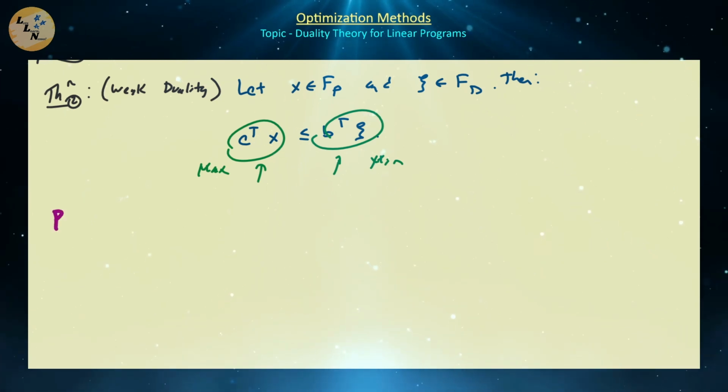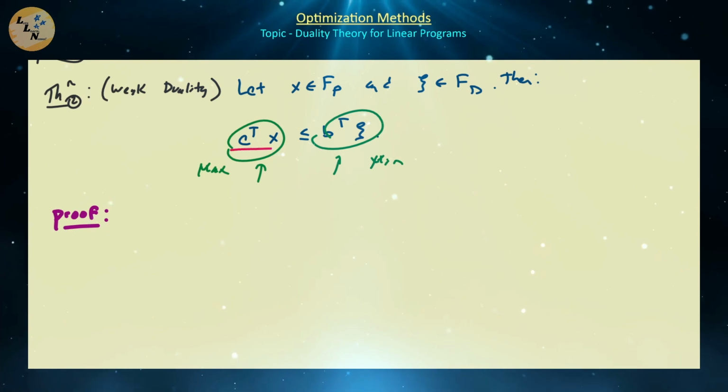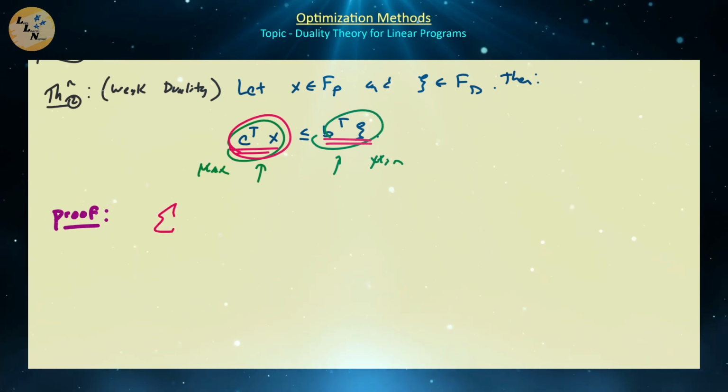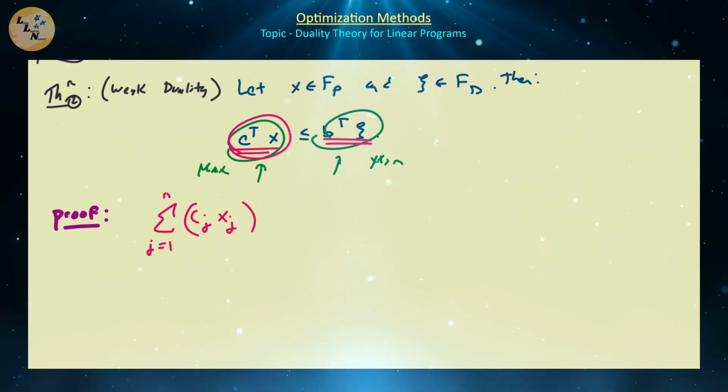All right, let's see if we can do this. Proof. We're going to look at this in summation notation. We can represent c transpose x as the summation from j equals 1 to n of c_j x_j.